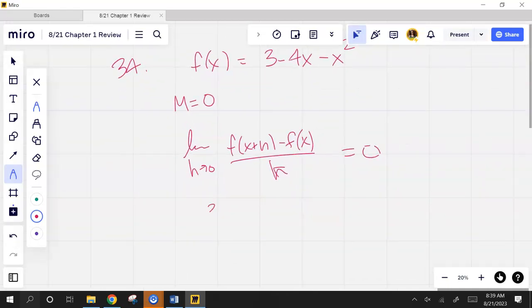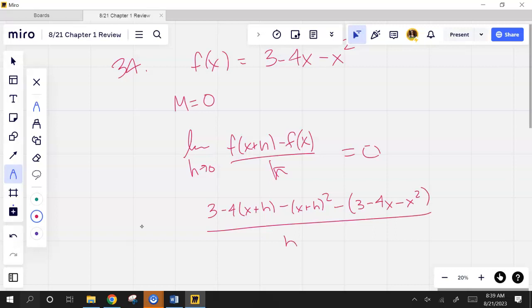Right, so 3 minus 4 times x plus h minus x plus h squared, minus 3 minus 4x minus x squared, all over h.